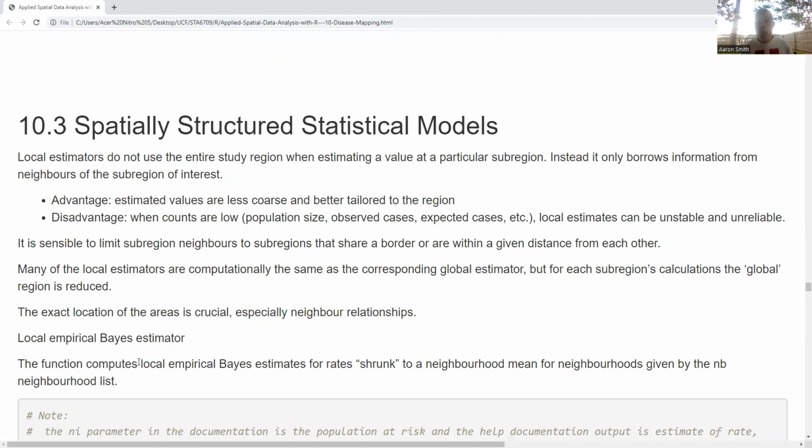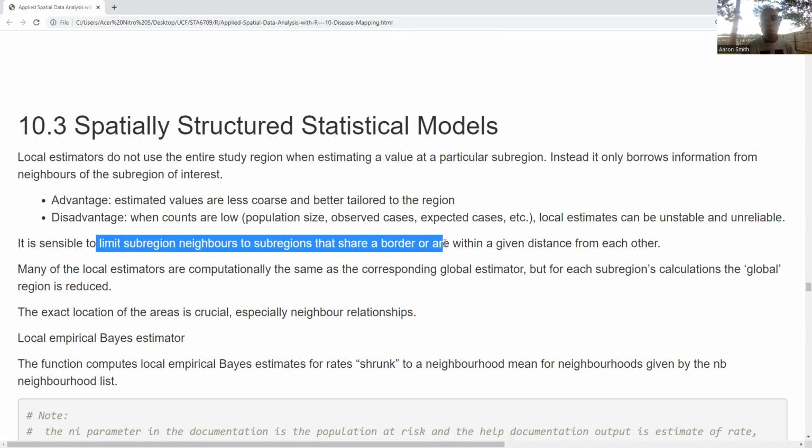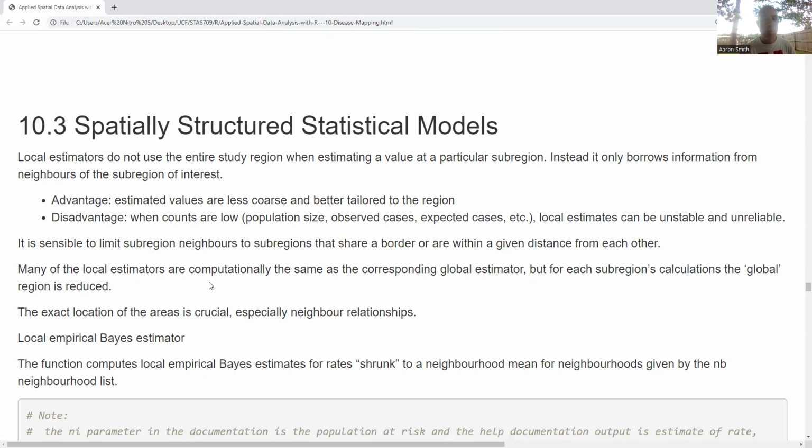One thing I could do if I feel like I have too little data is increase the size of the neighborhood for an individual region. And remember, as I go through this, I do not have to have symmetric neighbor relationships in R. So it's sensible to limit subregion neighbors to subregions that border each other or are within a given distance from each other.